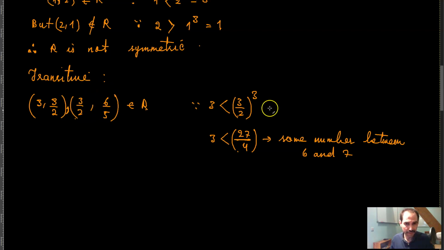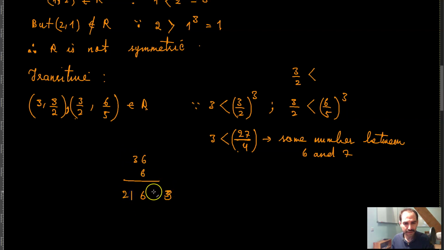And to check this part, you can say that basically 3/2 is less than 6/5 whole cube, which means 3/2 is less than 6 cube is equal to 216, and 5 cube is equal to 125. So 216 by 125, that's some number like 1 point something.